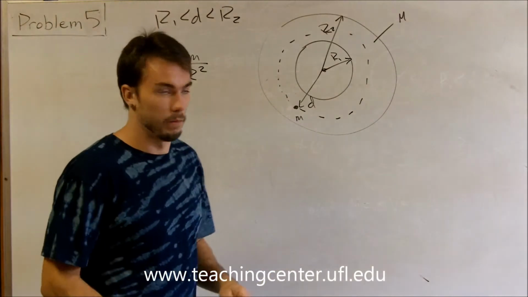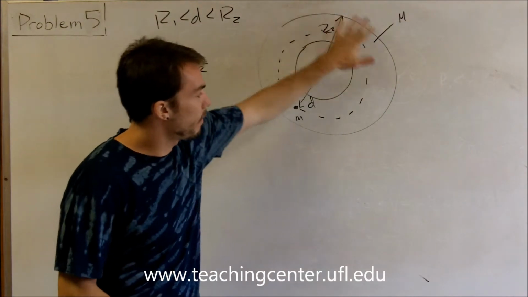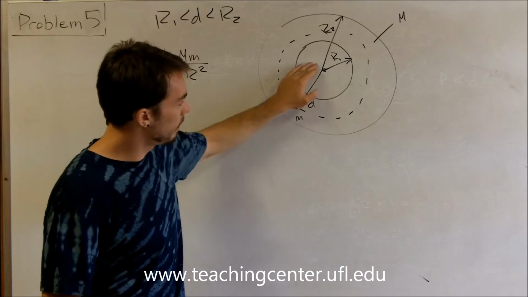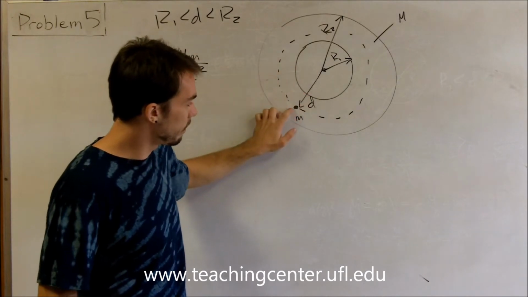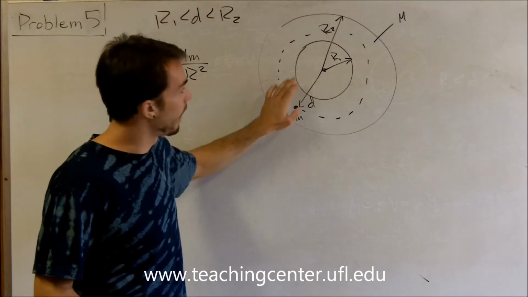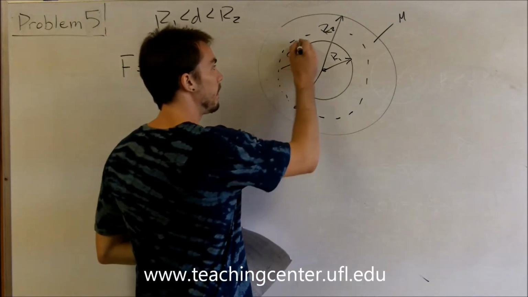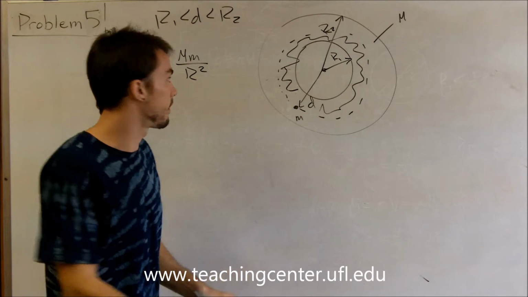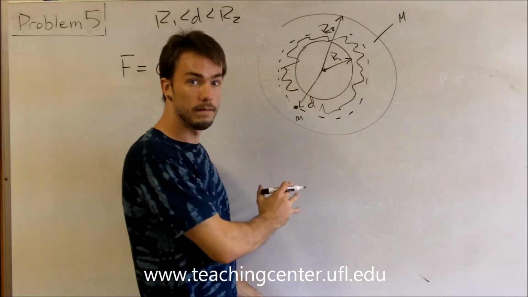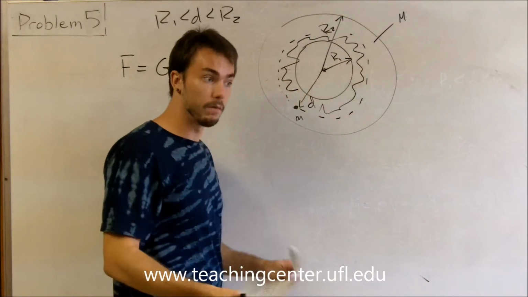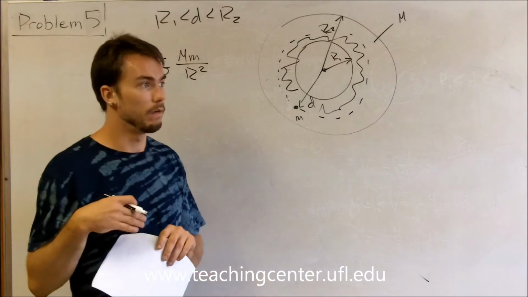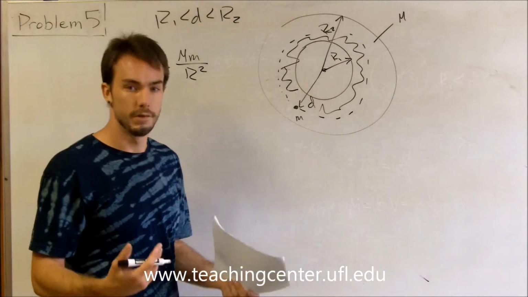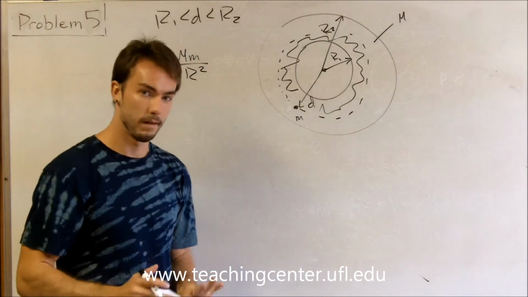However, the trick to these problems is that the entire mass of this sphere doesn't contribute to the force. Only the mass inside of the radius where our point mass is located actually contributes. So only this part right there actually does anything. Anything outside of that radius d doesn't contribute. Hopefully your professor has either derived an equation or explained it at length, but at this point, just remember it has to be inside the radius.